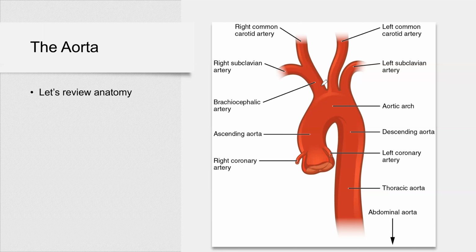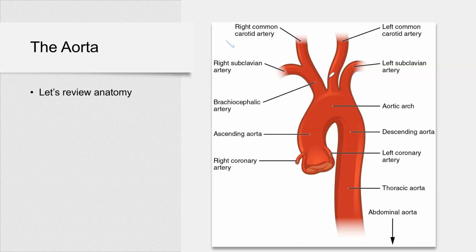All right, so the first one will be brachiocephalic artery, then left common carotid and left subclavian. Now, a brachiocephalic artery, sometimes we call it trunk, because that's a pretty short blood vessel, and very soon it will bifurcate, or it will be branched into 2 vessels, right subclavian and right common carotid.